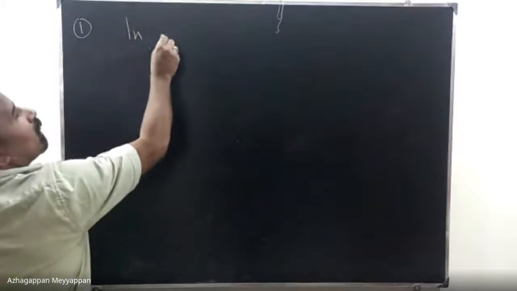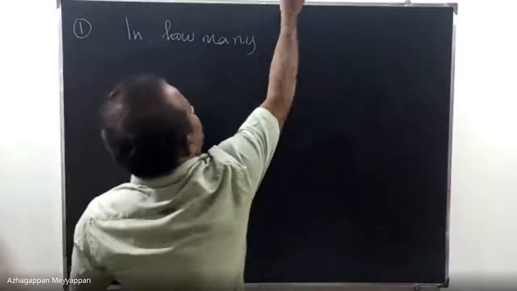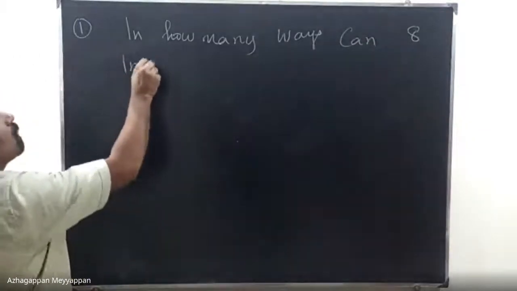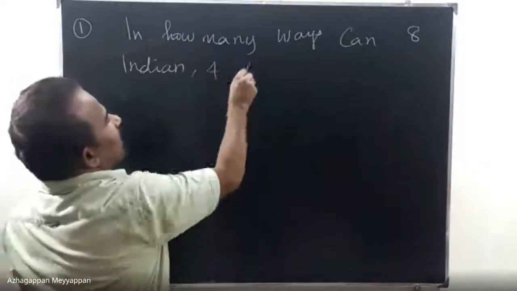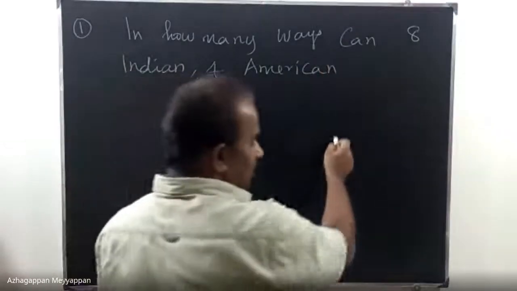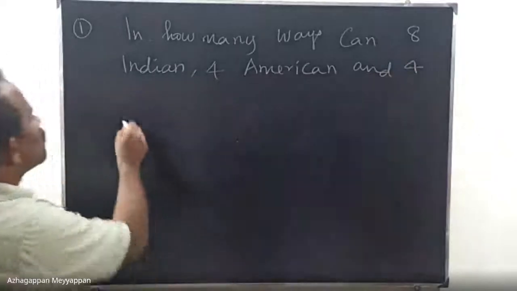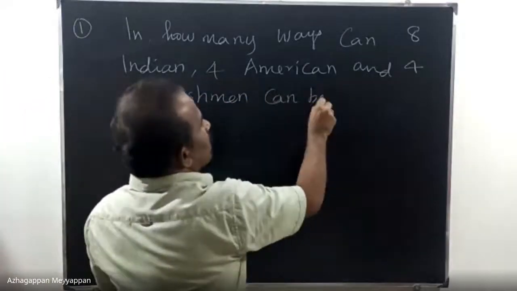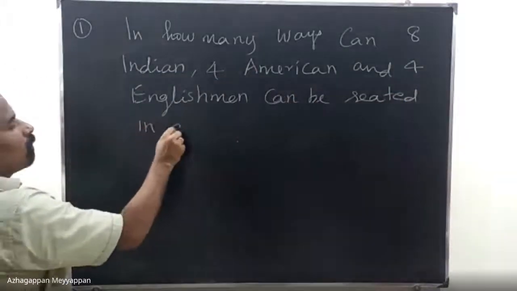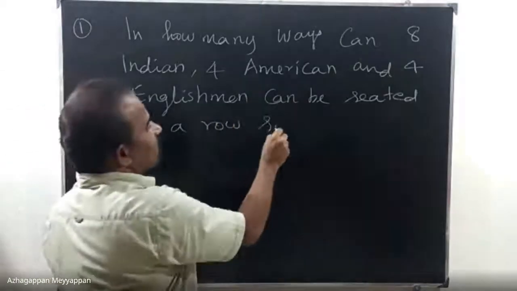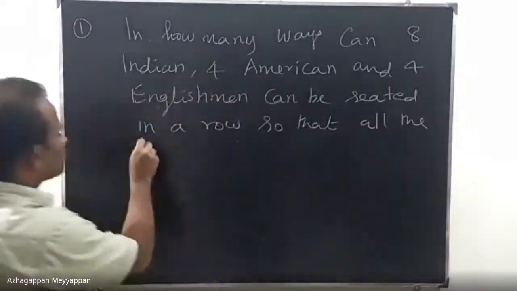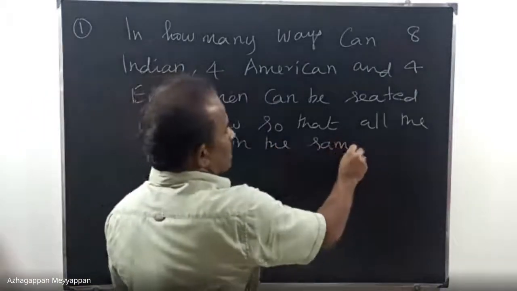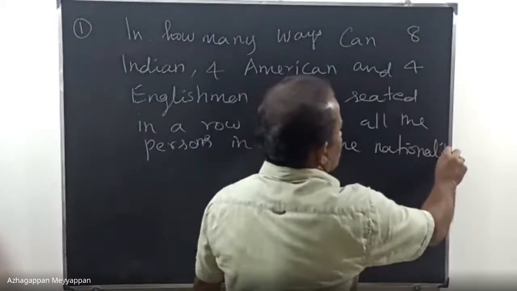Problem number 1. In how many ways can 8 Indians, 4 Americans, and 4 Englishmen be seated in a row so that all the persons of the same nationality sit together?